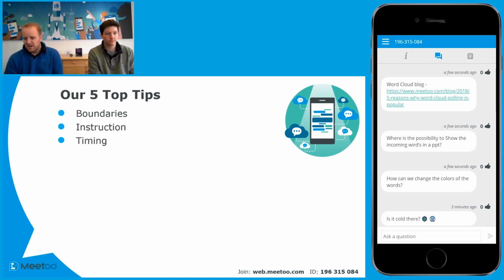We'll look at timing. You want to give your audience and your participants warning that you're going to be running a word cloud, but then also with timing, you want to give them enough time to actually put the responses in. Unlike a choice type question, people need to be a bit more creative when it comes to a word cloud question, because they have to think about what they want to put in.